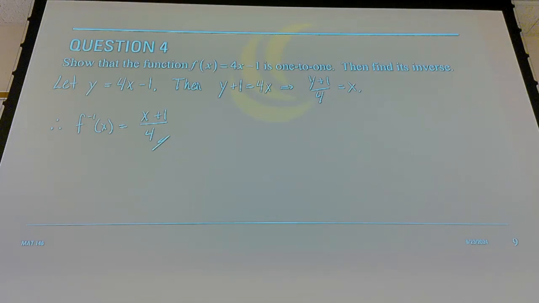Which is, by the way, 1-to-1. That's another corollary. If f has an inverse function, then its inverse is also 1-to-1.